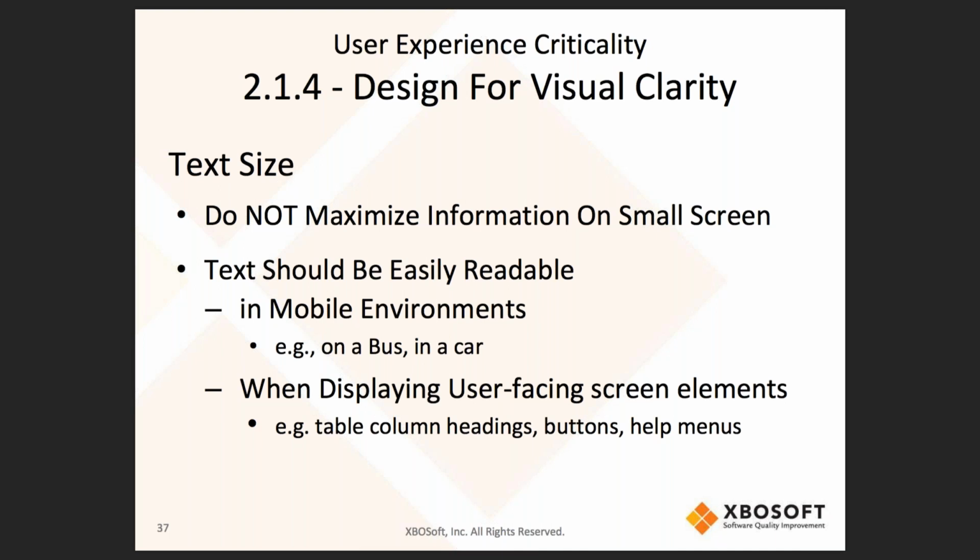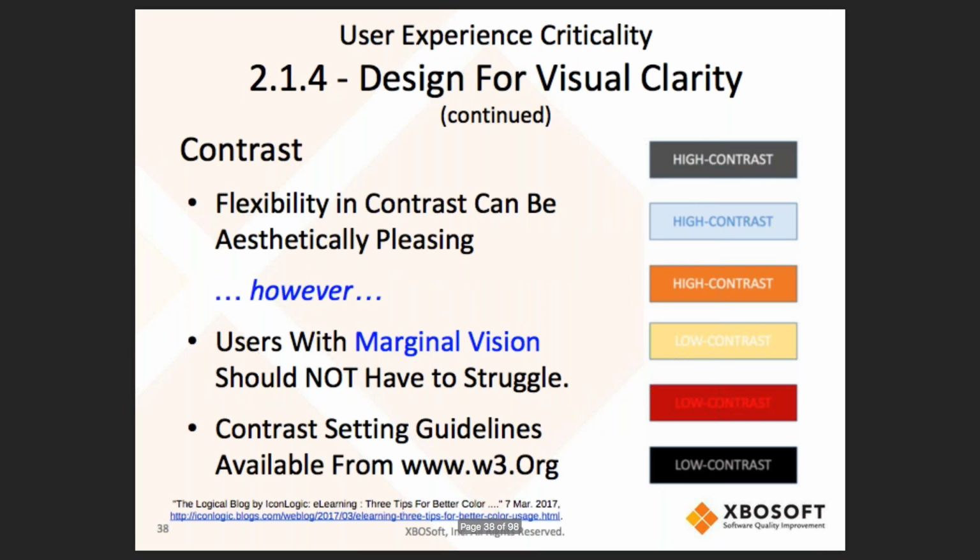When using the user-facing screen elements, table headings, buttons, help menus, and so forth, the text should be easily readable. So if there is a table that's rendered, it should be well presented as well. Contrast, I won't spend a lot of time on this, but if you have improper contrast, it makes it difficult to see something at a glance.